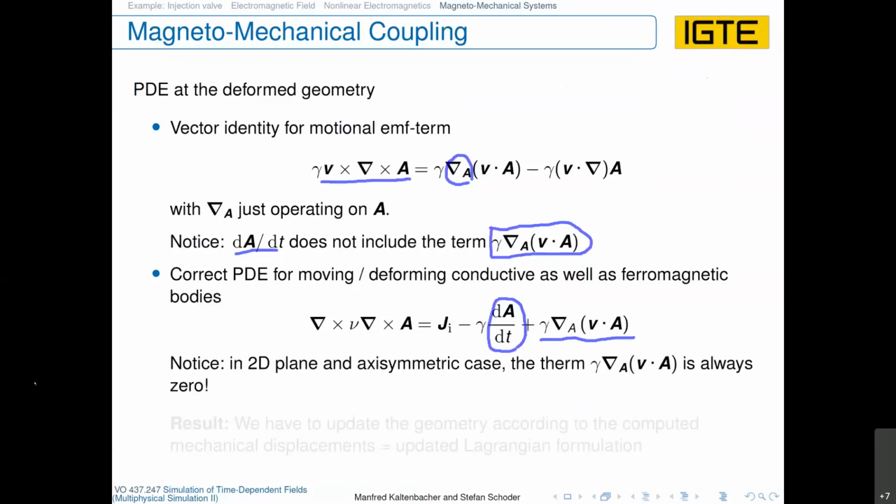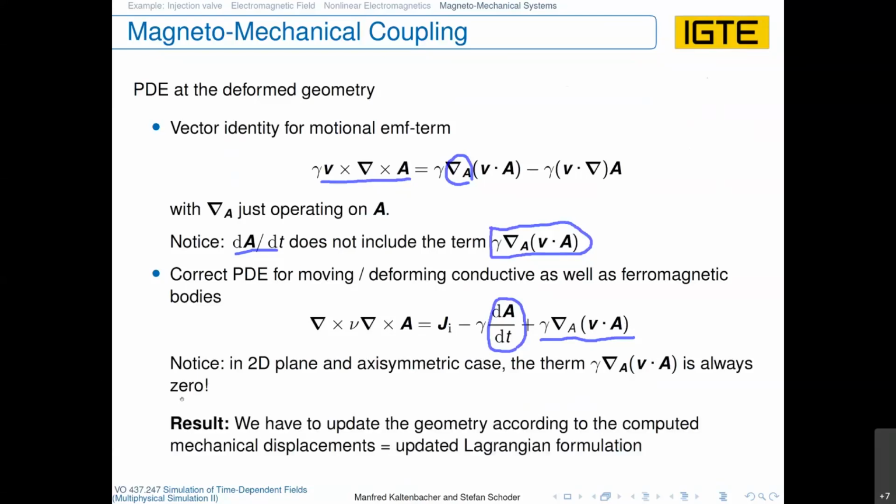So as a result, we can say that in order to include all the effects, we always have to compute the magnetic vector potential on the actual deformed geometry, which automatically always has this term here, but we have to correct it in order to physically model the motional EMF term, which is not necessary in 2D, because this is always zero, but in 3D you have to take this into account.